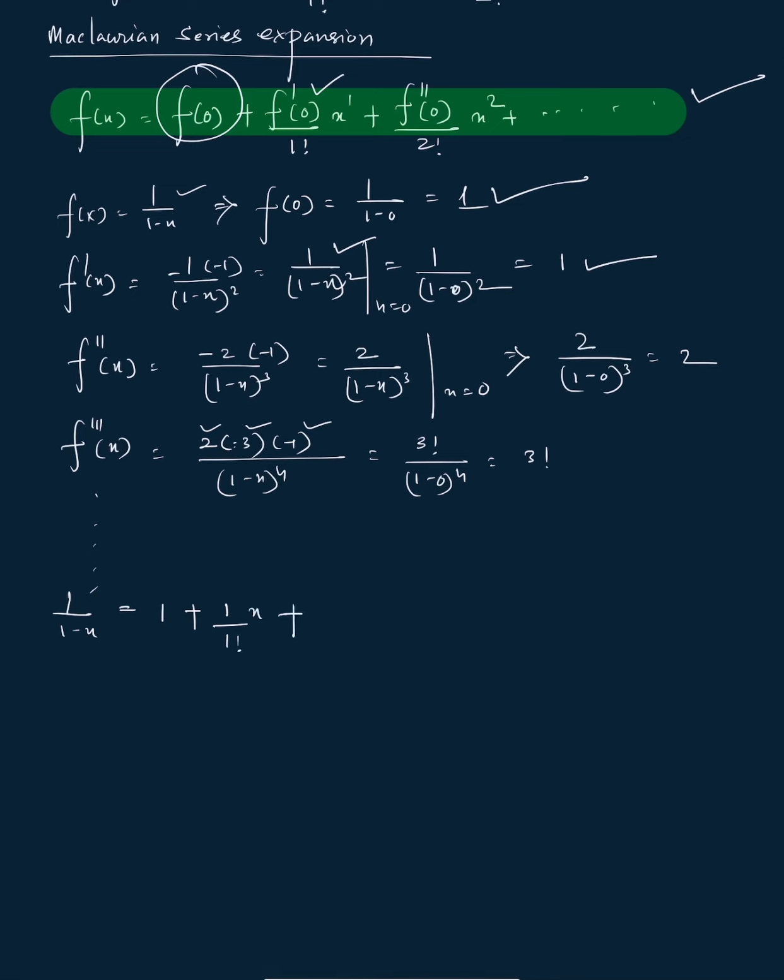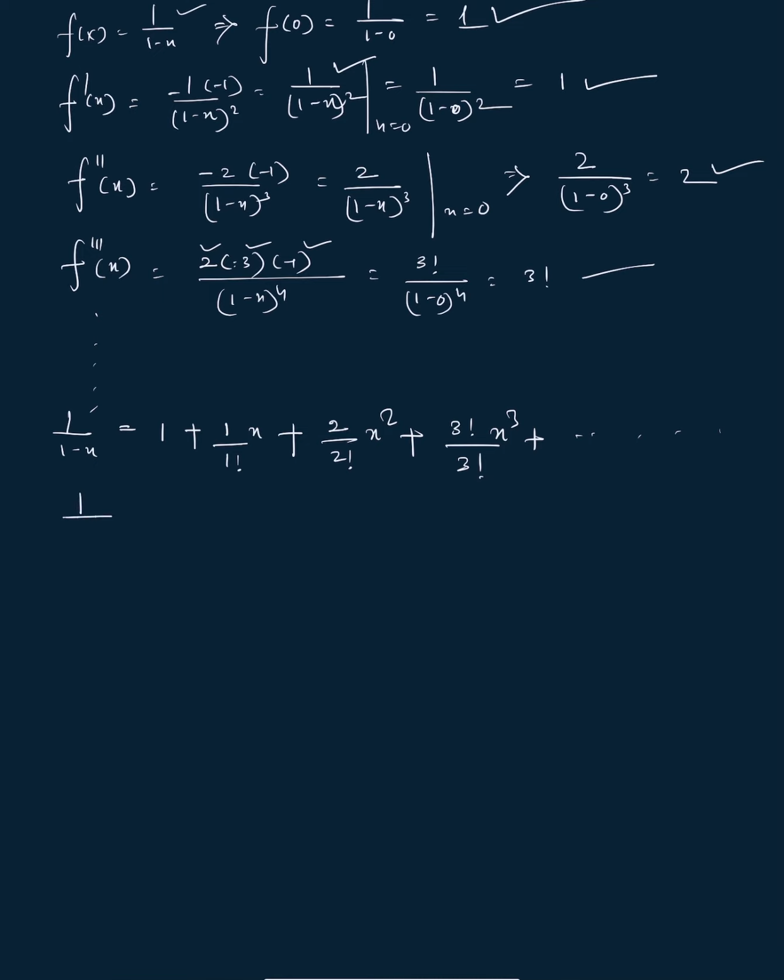So 1 by 1 factorial into x, plus again f double prime of 0. The value is 2, so this will be 2 by 2 factorial into x square. Plus, similarly, we can get here f triple prime of 0 by 3 factorial into x power raised to 3, right? So here we are getting 3 factorial by 3 factorial into x cube, and it will go on like this.